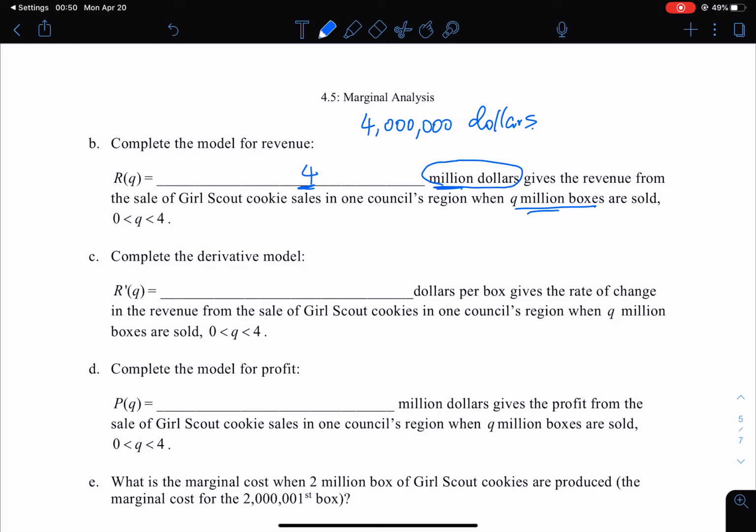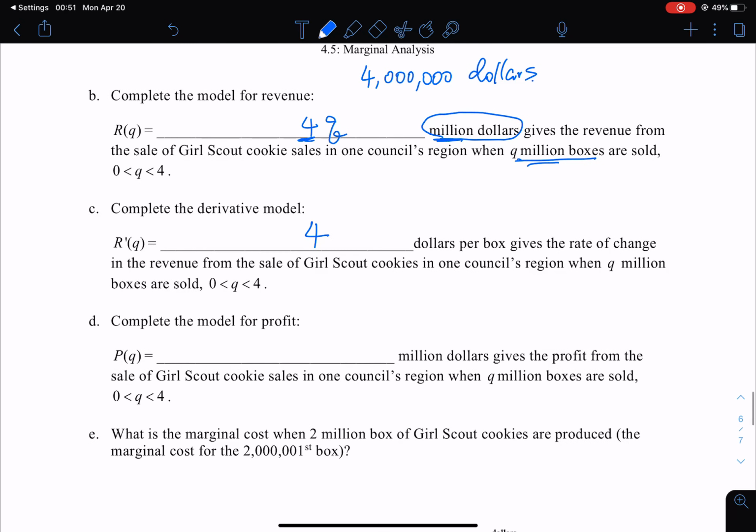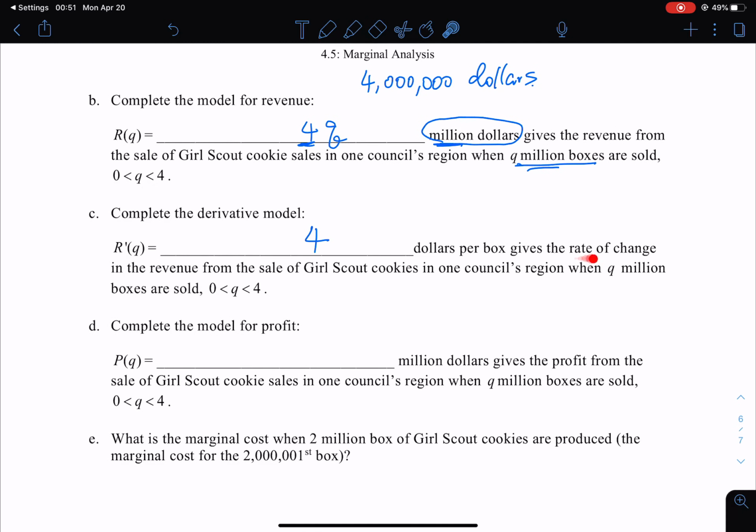Oh, excuse me, it should be for Q. Just Q million boxes, and each of them is $4 per box. So for Q in total, the derivative of R of Q is just the derivative of this one. It's just the 4. R prime of Q is $4 per box, and this one gives you the rate of change in the revenue, and Q is from 0 to 4.